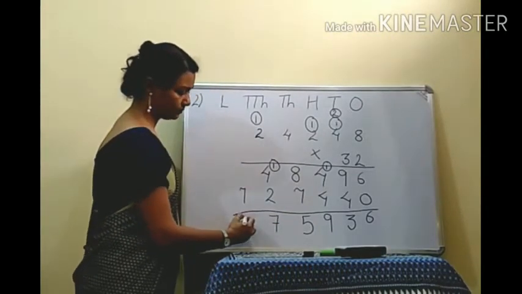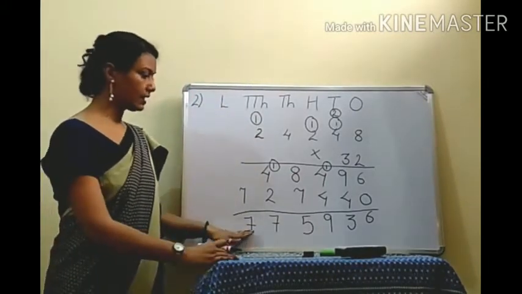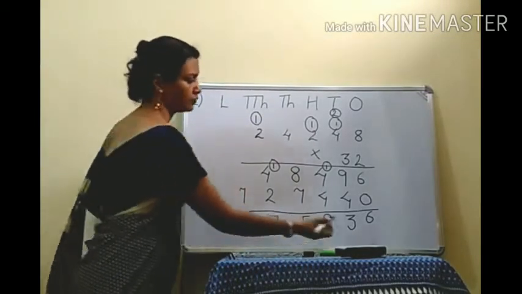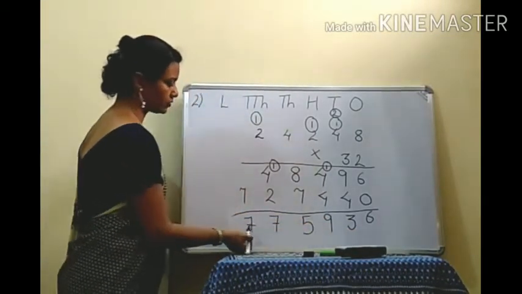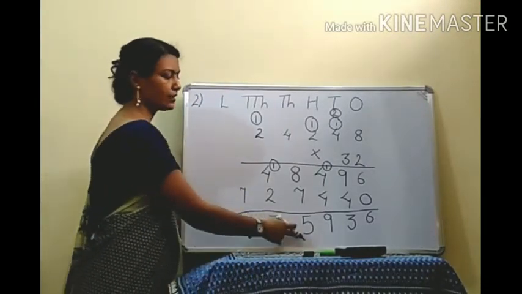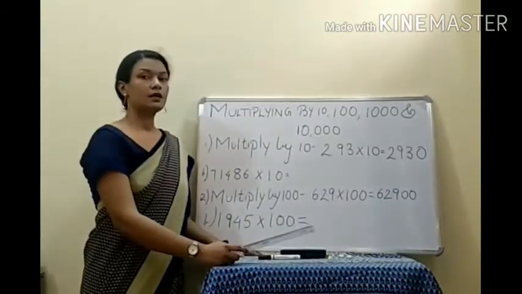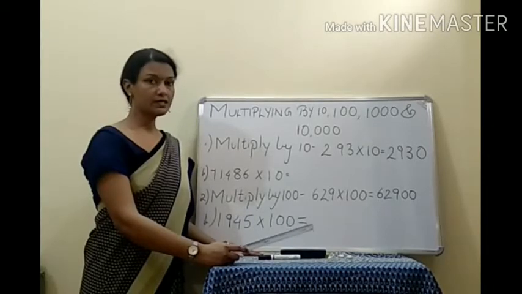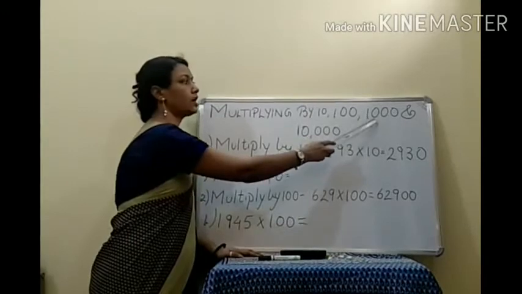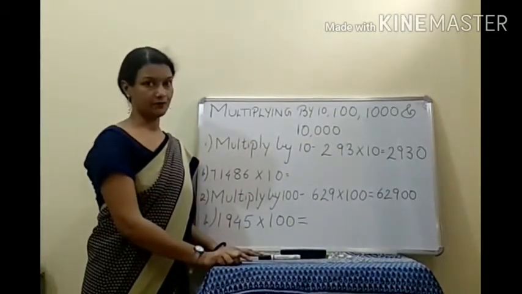And this 7 we will write as it is here. So what is my product now? 7,75,936. Because 1 stands for 100,000, 10,000 lakh. So how will we say this number? 7,75,936.